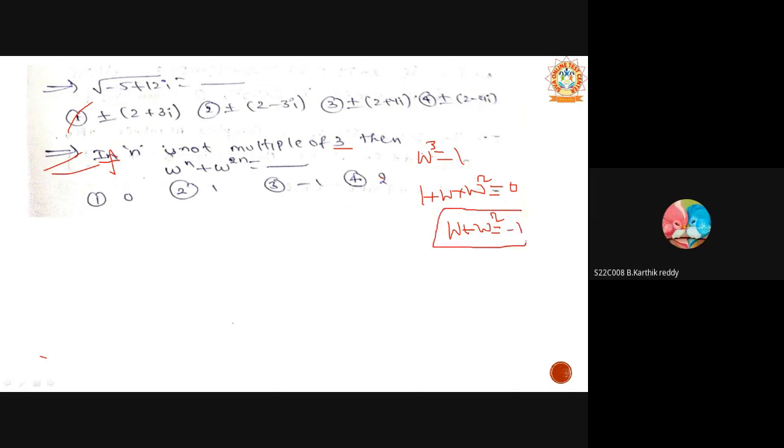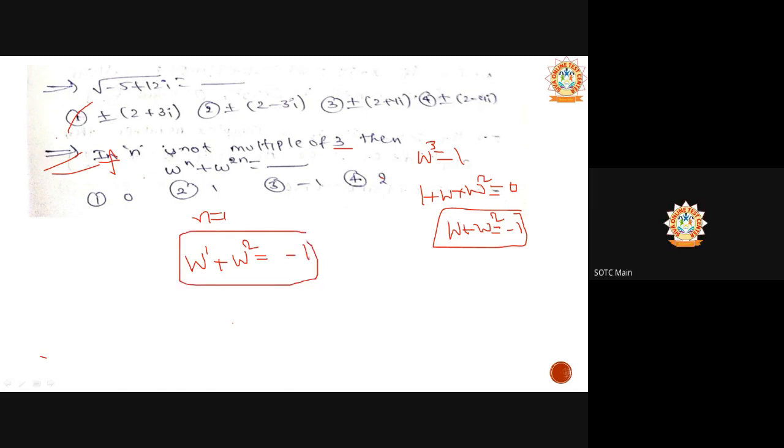So now what they are saying is n is not a multiple of 3. Not a multiple of 3 means not 3, 6, 9; we can take anything else. So let us suppose n is equal to 1 for our reference. Omega power 1 plus omega square is equal to minus 1. Option 3 is correct.